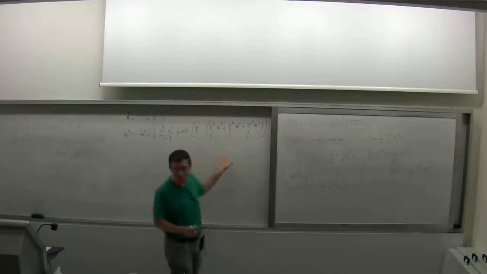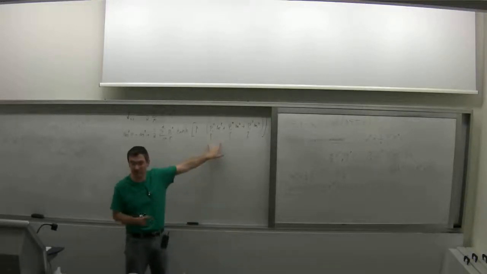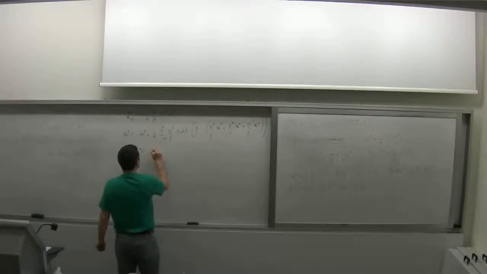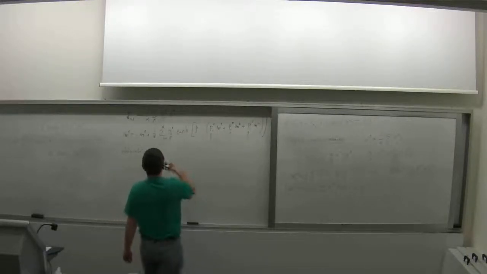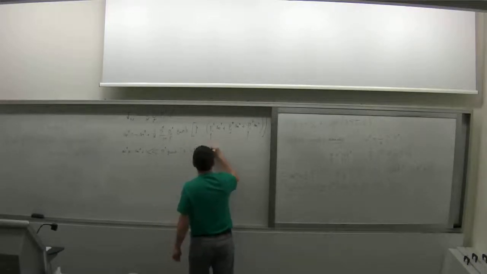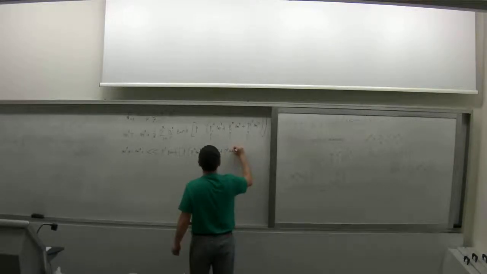So what I'm going to do, I'm going to replace this term with its expected value. I'm going to replace this term with its expected value. So I'm going to write it down, and then we will justify it. Just a second.